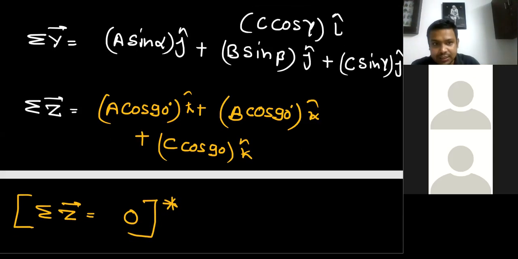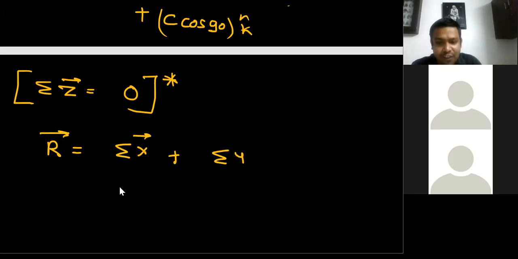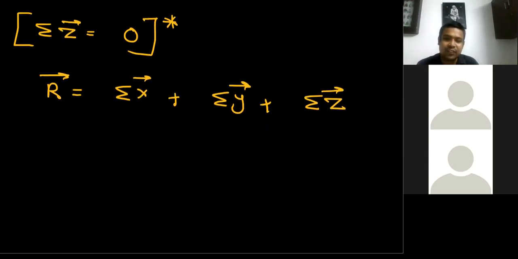Okay, my dear friends. Now the resultant vector is what? It is the summation of x vector plus summation of y vector plus summation of z vector. Clear, my dear friends? First of all, write all components along the x direction, y direction, and z direction respectively.